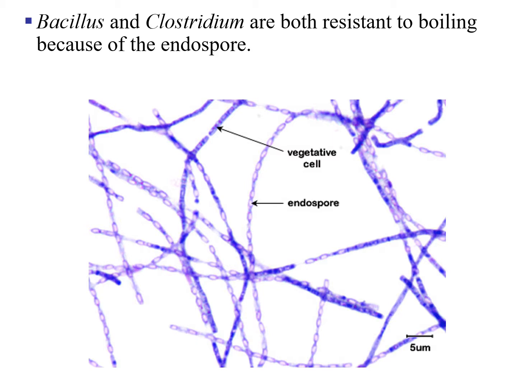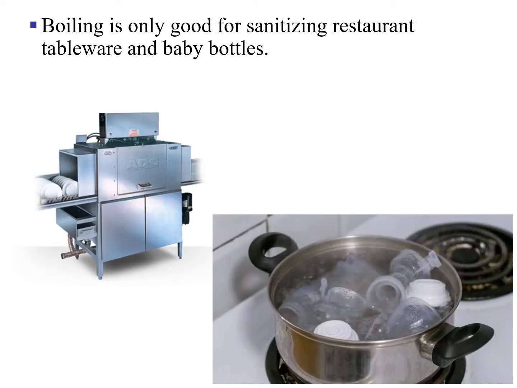Then as soon as it cools down and sugars are present, it will germinate and turn into a vegetative cell called Bacillus or Clostridium. So boiling is only good for sanitizing restaurant tableware and baby bottles.